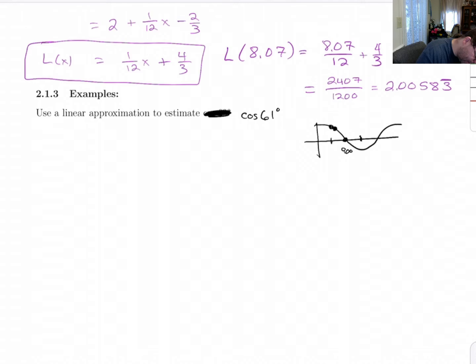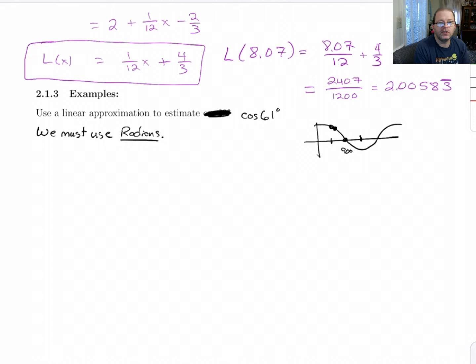Now, one thing we have to do, we must use radians. So we've got to change this from a nice degree problem into something dealing with radians. And instead of just converting 61 degrees into radians, let's think about this for a second.